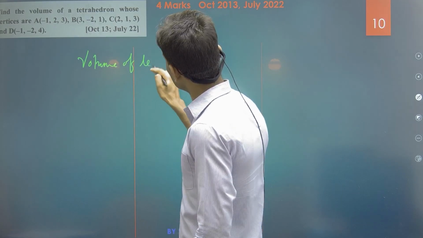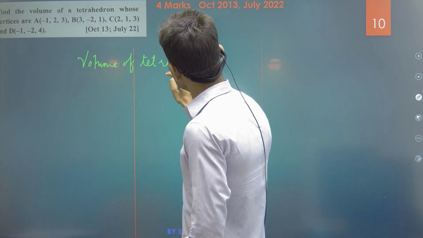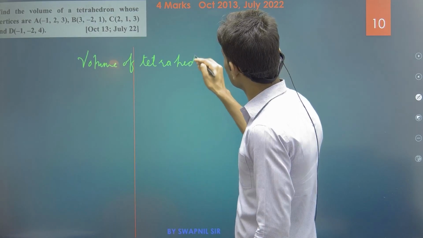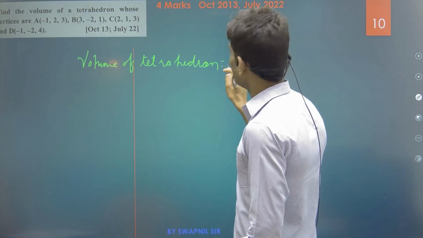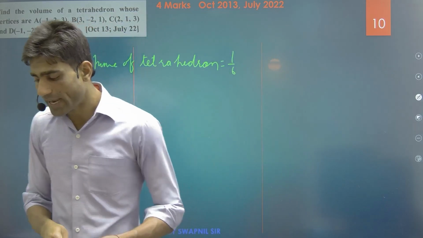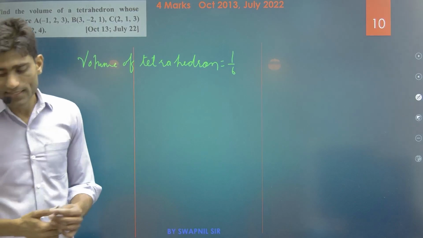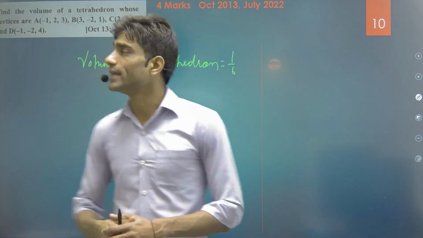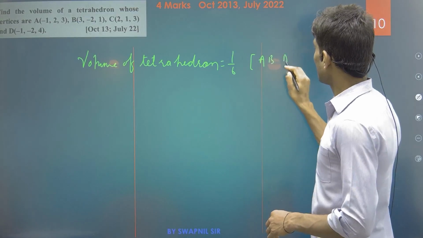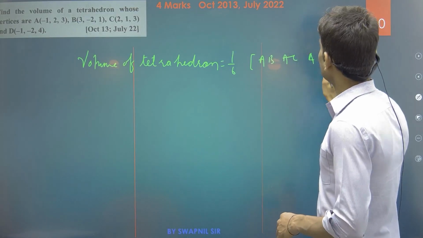The volume of a tetrahedron can be written using the vertices A, B, C and D as 1 by 6 of AB, AC and AD.